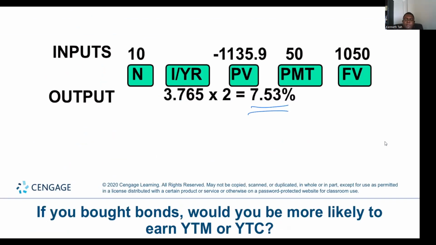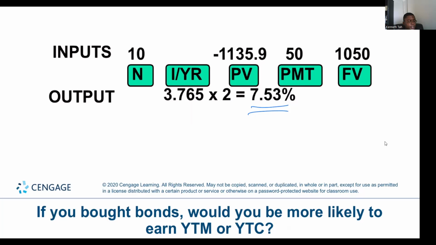So again, N is 5 times 2, present value, 1135.9. We're taking negative because we're inputting present and future value. So there must be something into the system for something to be generated by the system. Our payment is going to be $50.